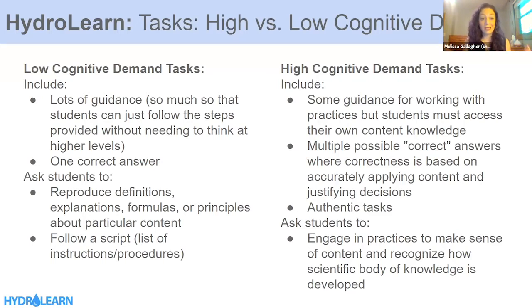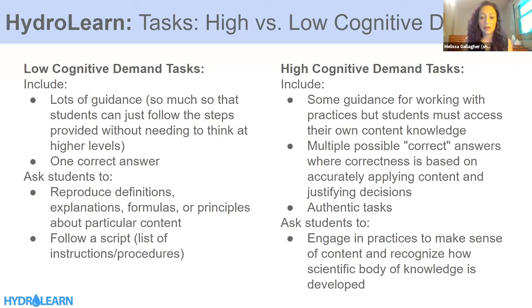This doesn't mean that any answer could be correct. Sometimes there are very wrong answers, but there could be more than one correct answer. And authentic tasks fall within high cognitive demand tasks. They're like a subset. And Doug's going to talk about that specific subset of tasks in just a few minutes.